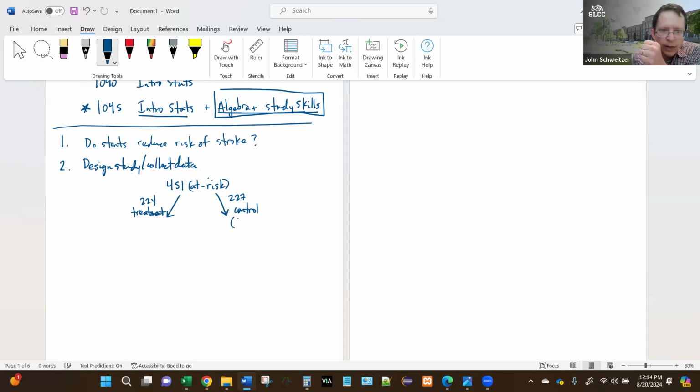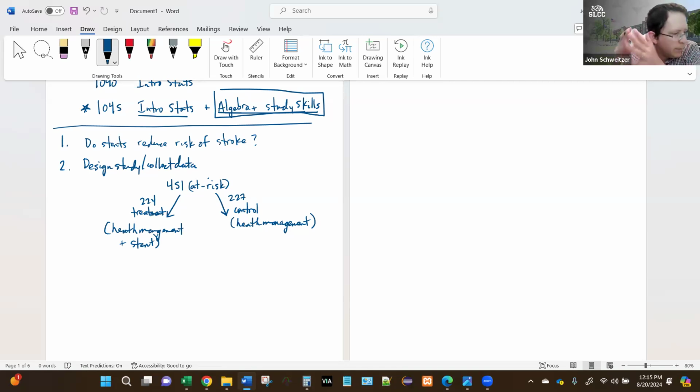So they were on the standard health management program, typical for people who are at risk for strokes. The treatment group got the same health management program, but they also got a stent. We want to make sure that the two groups are as similar as possible, except for the treatment. So there we go. That's the design of our study.